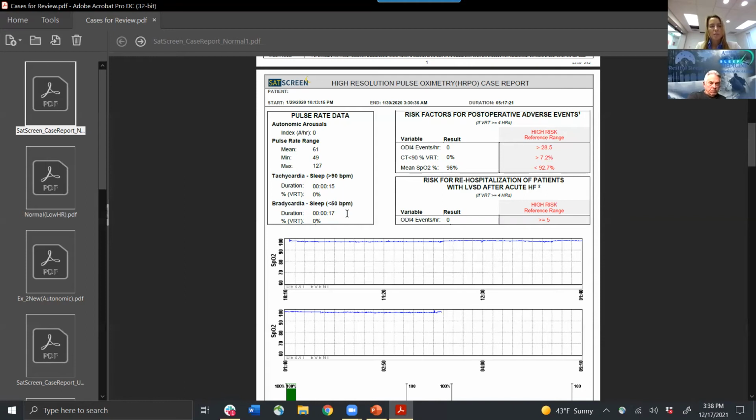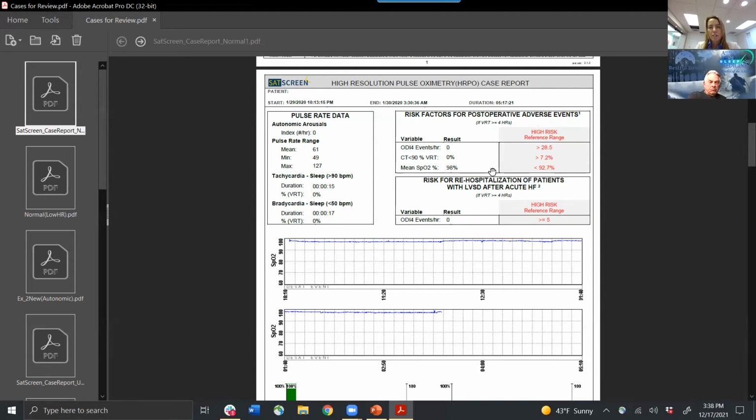It's not uncommon for many healthier, younger adults or athletes to be somewhat bradycardic, or below 50 beats per minute. It's only when they're symptomatic in association with that that it's really a concern.